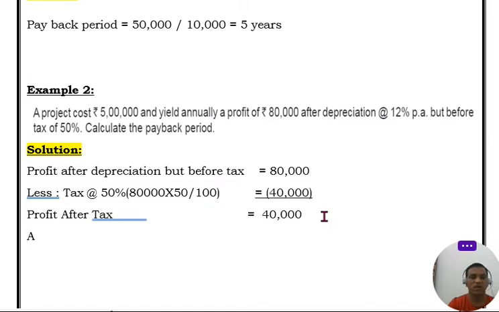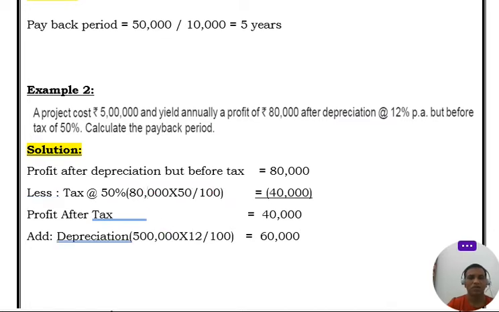Cash flows means you have to add back depreciation. What is the depreciation value? Depreciation is 12% on the project cost. What is the project cost? So 500,000 multiplied by 12 over 100. That is 60,000, that you have to add.